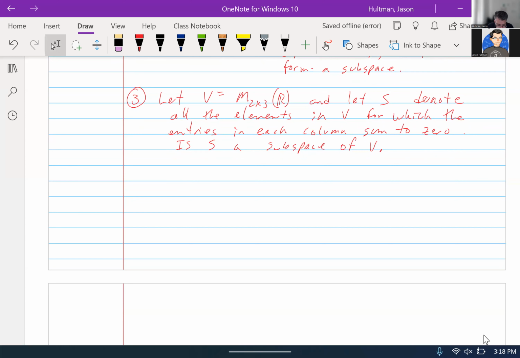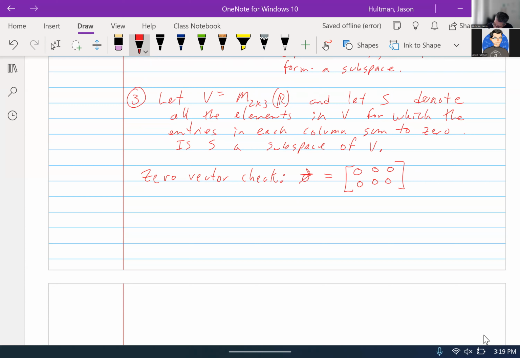First thing I'm going to do is check if the 0 vector is a part of the subset. So, 0 vector check. The 0 vector in 2 by 3s, so that's 2 rows, 3 columns, is all zeros.